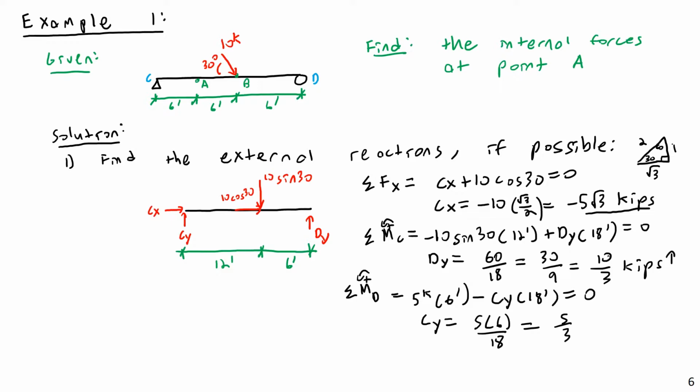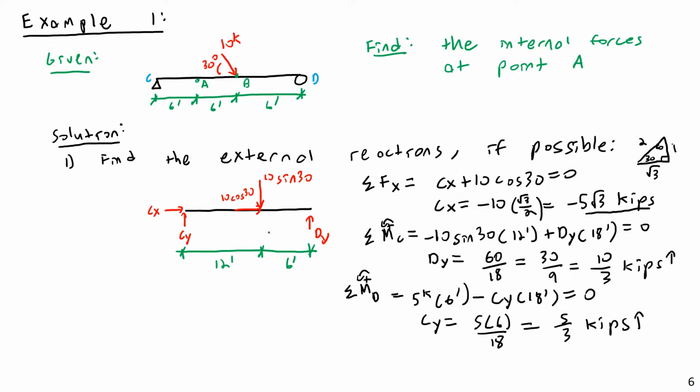When I add together 5 over 3 and 10 over 3, those do come to 5 kips exactly, so it does check out in the summation of forces in the vertical direction. So 5/3 kips upward. Now, that's all well and good, and we've made some progress, but all I've done so far is solve for my external reactions. I have yet to solve for what I really want, which is the force at point A.